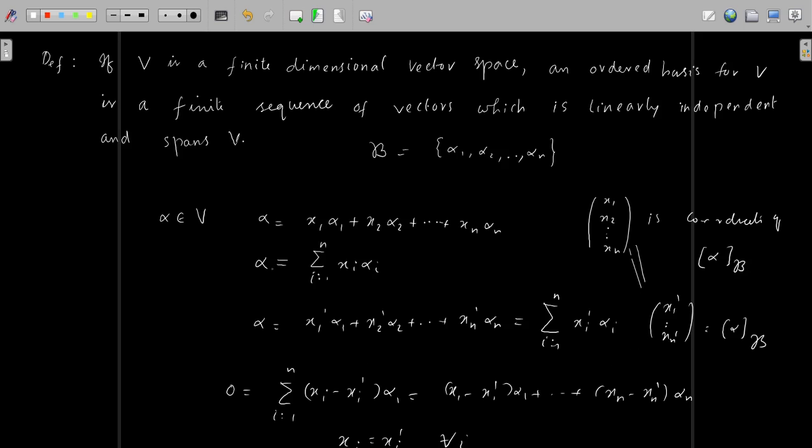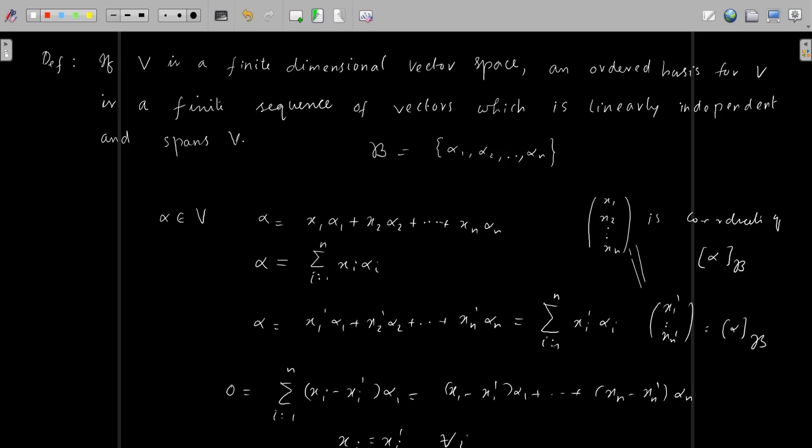If alpha can be written as two linear combinations of elements of the basis B, where B is an ordered basis, then those coefficients or coordinates are the same. This shows that if we fix an ordered basis, then the coordinate of any element with respect to that ordered basis is unique.